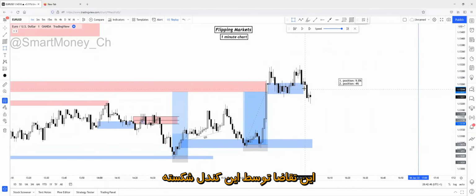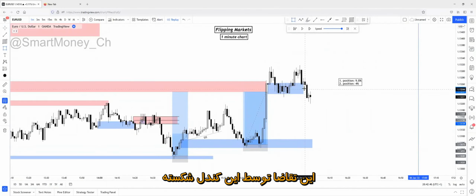Yes. But no, it's quite okay because we didn't come from any other supply zone. Exactly. So we can use not confirmation entries, but risk entries. So basically on this supply zone up here, or you mean this demand zone? This demand zone, but also on the supply zone.